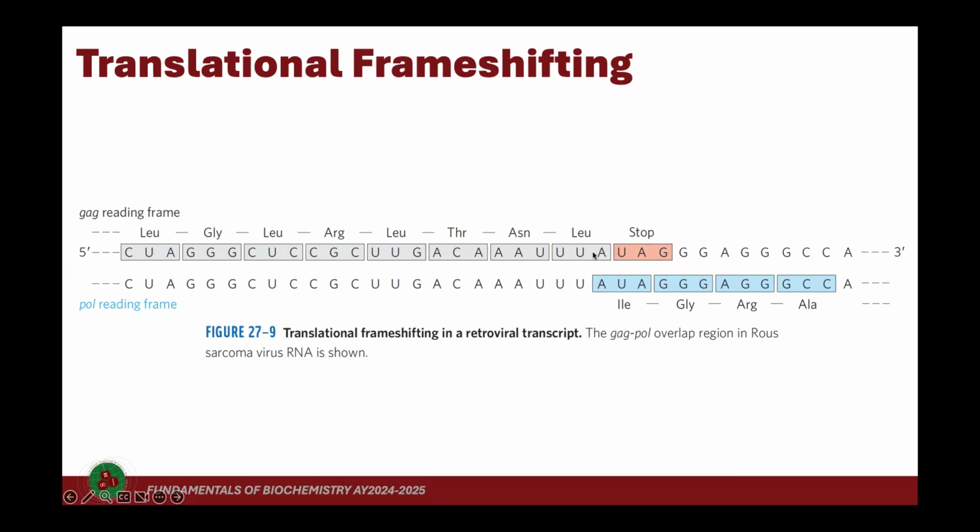Okay, so you get your gene product, you get your protein molecule, but if the ribosome does translational frame shifting, what it does is it will actually move one nucleotide back. So after reading UUA, it will not read UAG, but it will read AUA as the next codon. So it will continue translating and it will get a longer protein molecule through translational frame shifting.